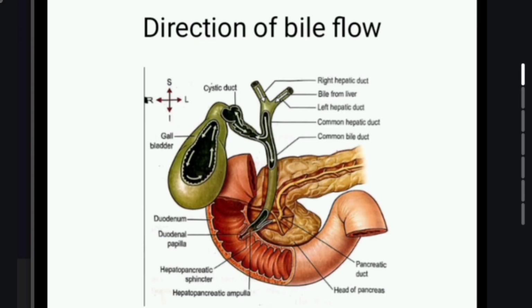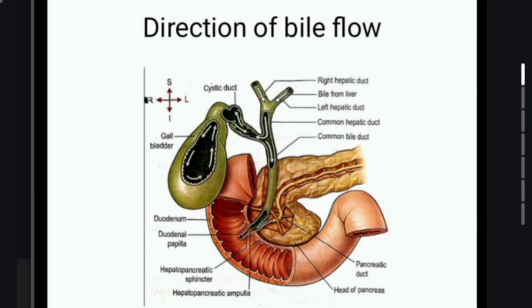During the fasting state, when you're not eating, most of the bile will go to the gallbladder through the cystic duct. You can see them moving to the gallbladder. Then during feeding, the gallbladder will contract and push out bile through the cystic duct.